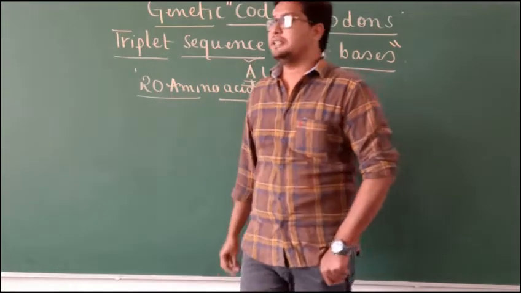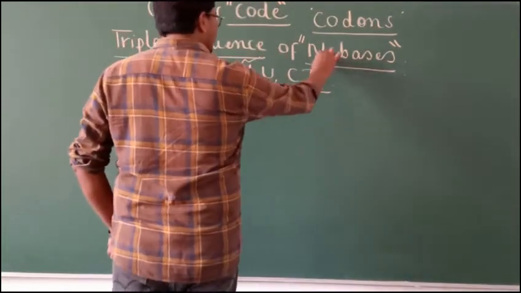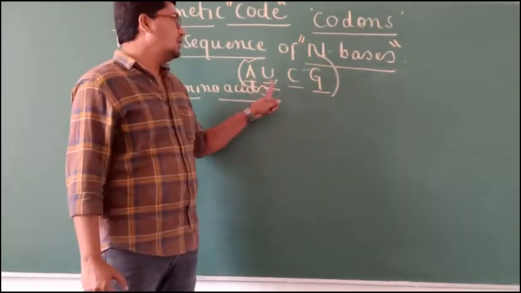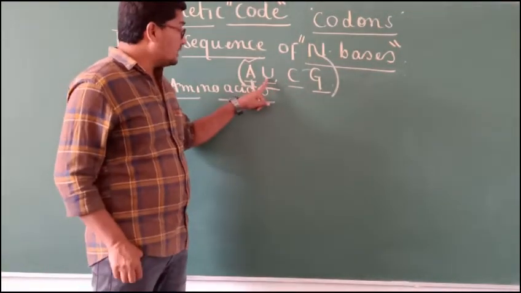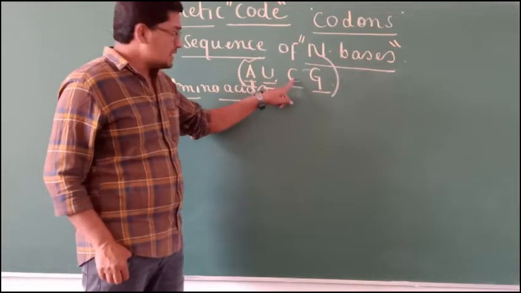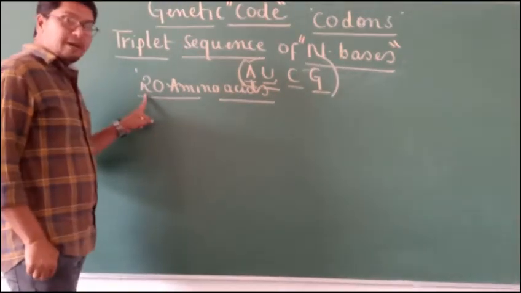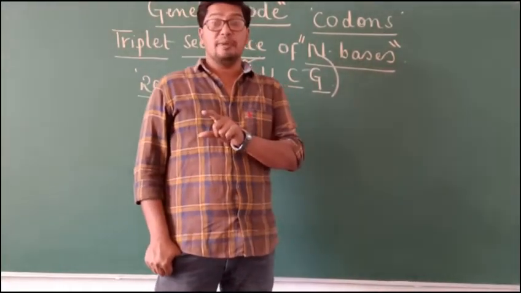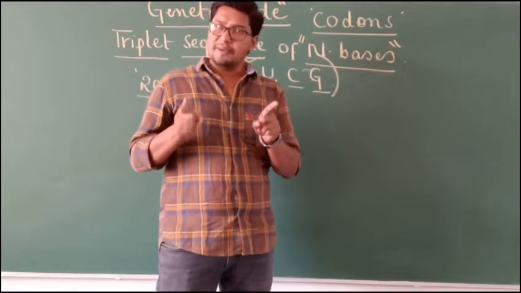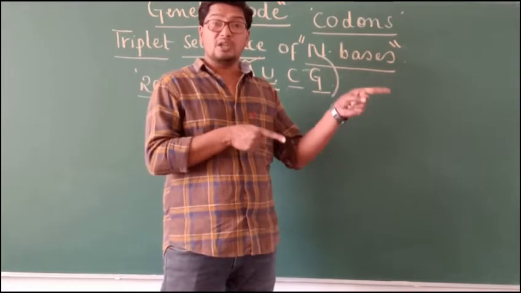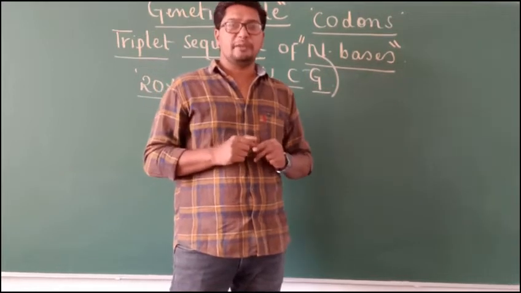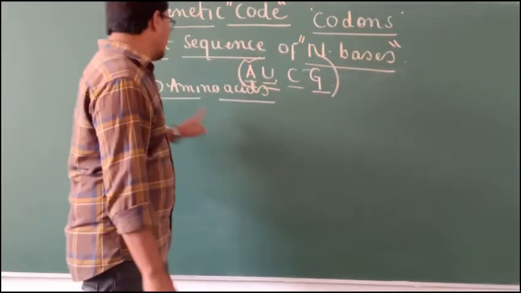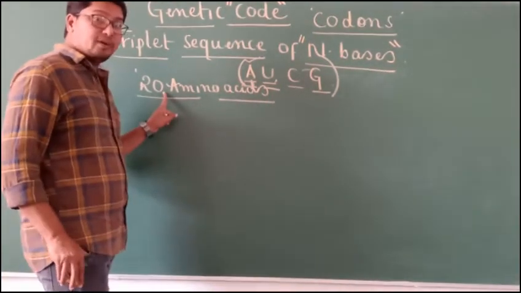Only 4 types of nitrogen bases are present on mRNA, and these 4 types must code for a minimum of 20 amino acids. Based on permutations and combinations, the number of codons must be minimum 20 or more than 20, because the minimum number of amino acids to be coded is 20.